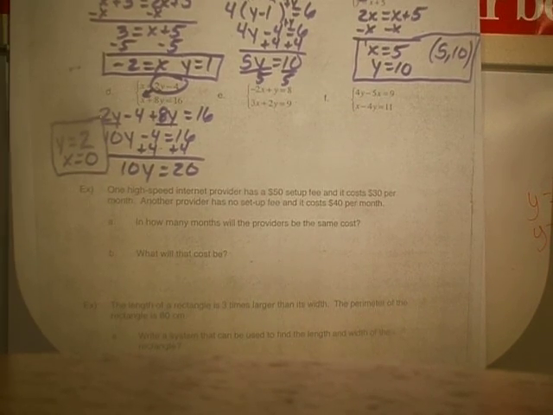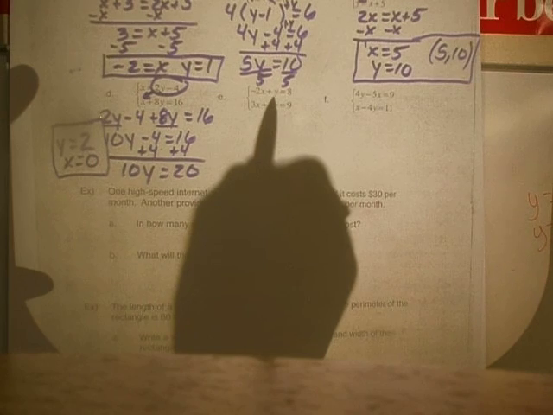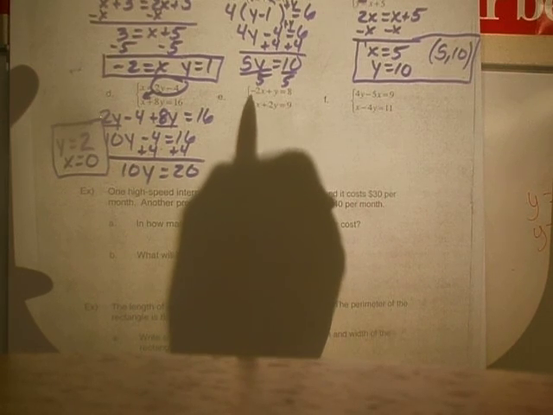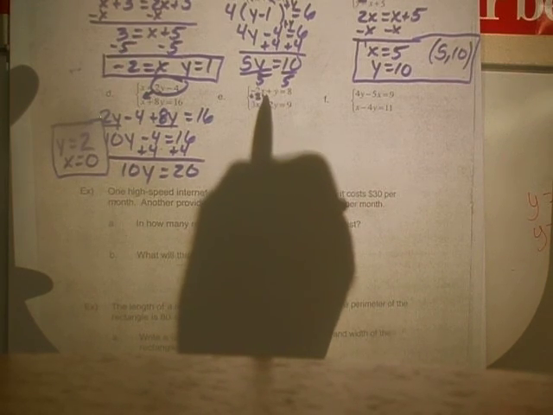Now the last two examples, E and F, don't have a nice x equals or y equals, so we have to kind of manipulate these things a little bit. If you look at this first equation in example E, this y doesn't have a number in front of it, so what I'm going to do is add 2x.